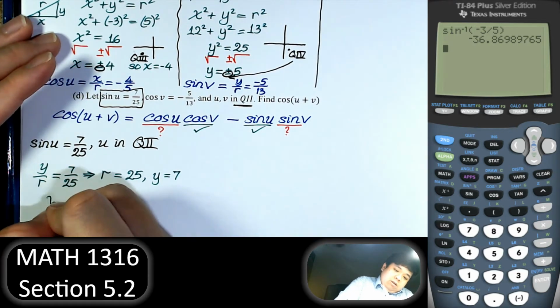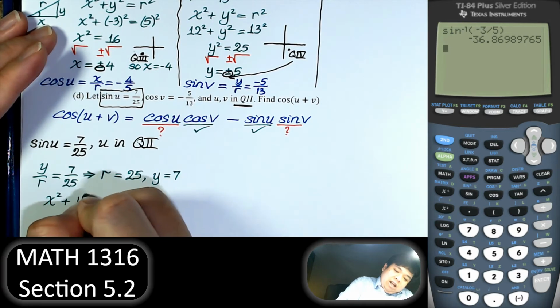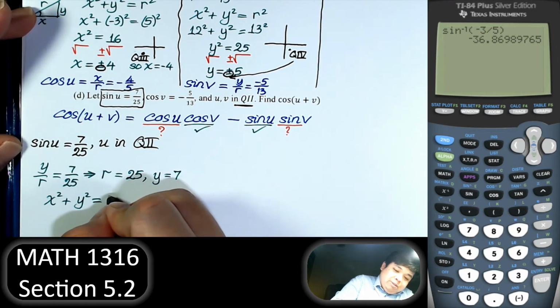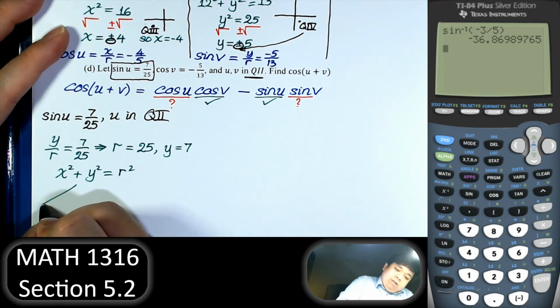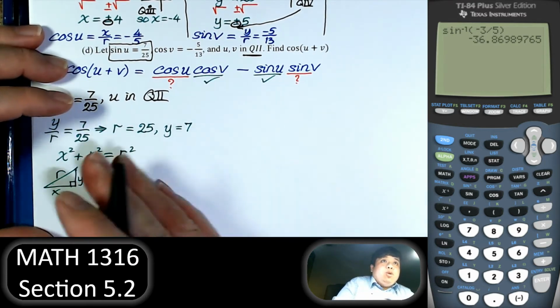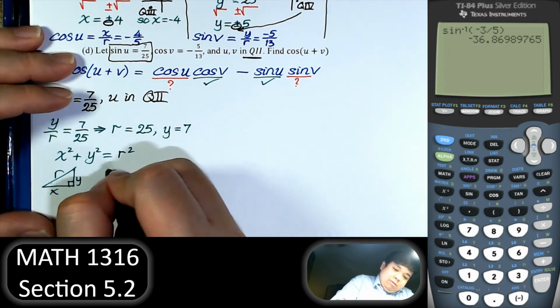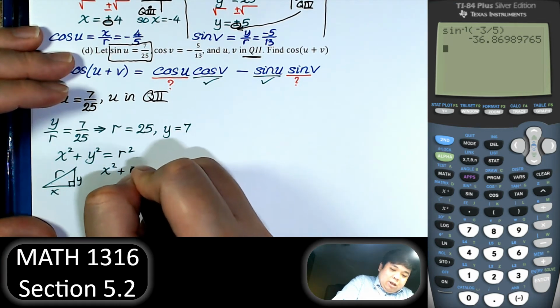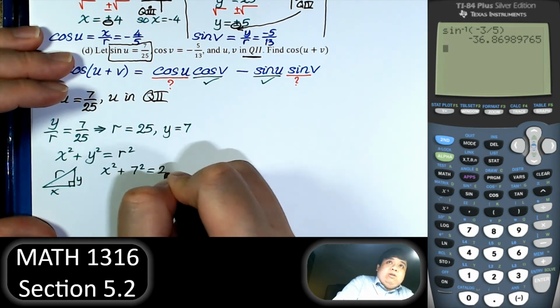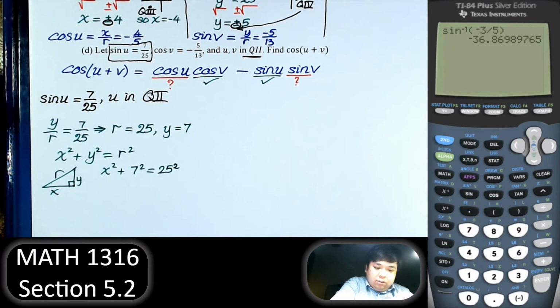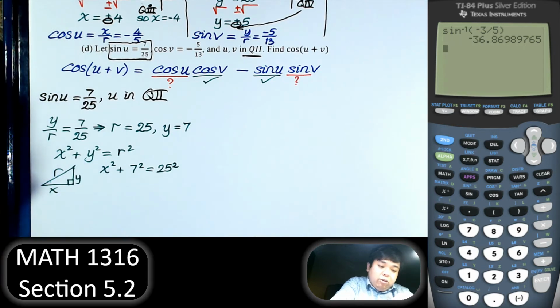Right? Pythagorean theorem, Pythagorean identity. Actually, this is the Pythagorean theorem because we do have a right triangle. Put in 25 for r and 7 for y. So x squared plus 7 squared equals 25 squared. Right. Now just solve for x.